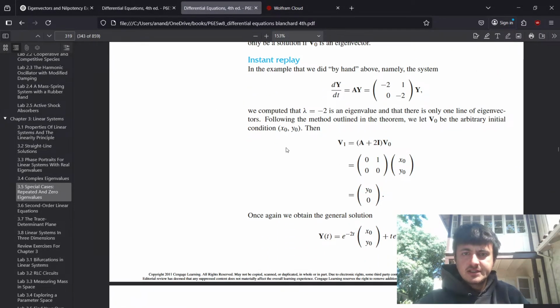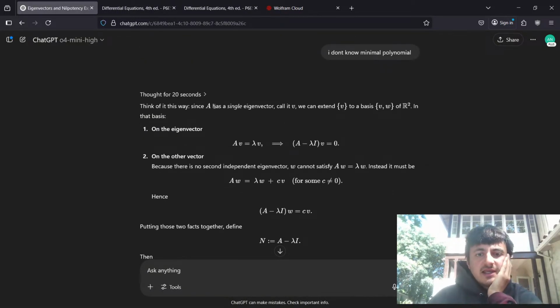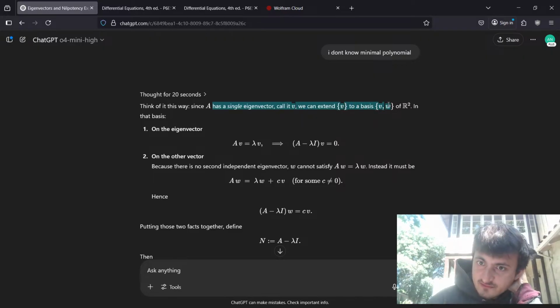Okay, well, maybe we should just keep going because it seems like there's going to be an exercise that we need to do anyways that'll get into it. Let's just read this last example. Since A has a single eigenvector, call it V, we can extend V to a basis VW of R2.